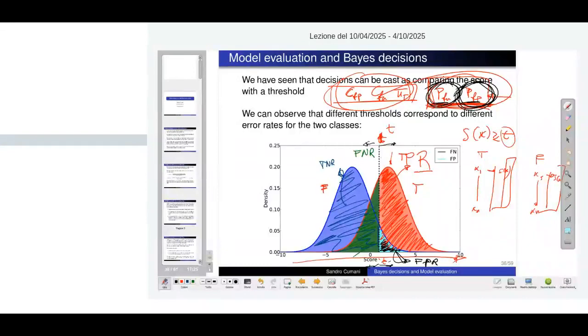It will typically change the final cost of my system. So the place where I put my threshold will change the false positive and false negative rates, and therefore will change the empirical Bayes risk. So I can, for a binary problem, control the empirical Bayes risk by controlling where I put the threshold.